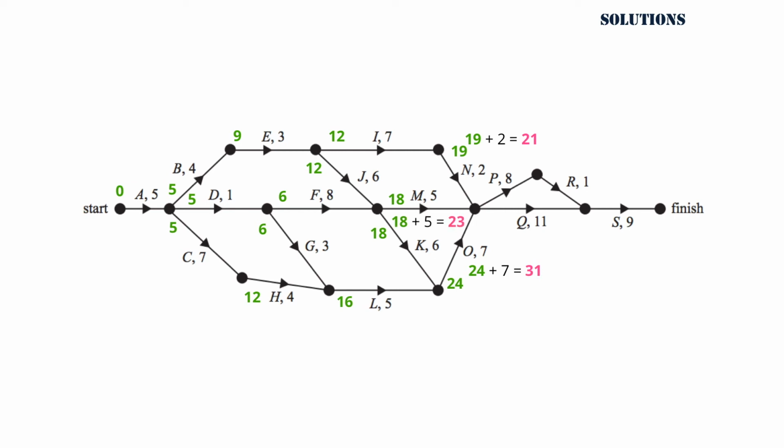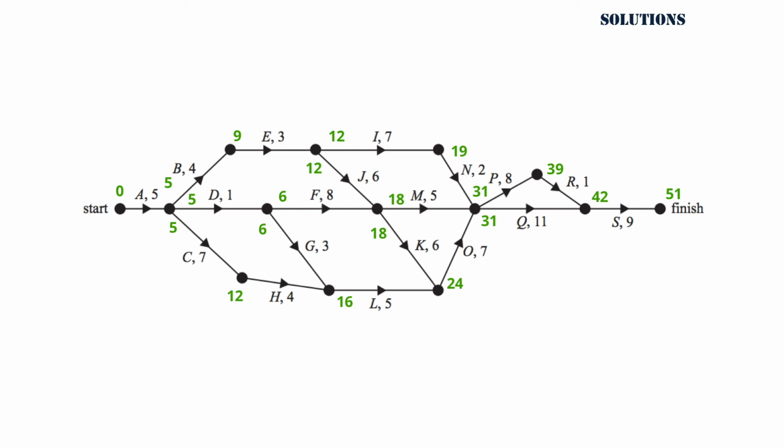For activities P and Q, we need the highest number between 21, 23 and 31, that is 31. And for activity S, we need again the highest number coming from activity R and activity Q, and that is 42. So the total number of hours required for this project is 51.